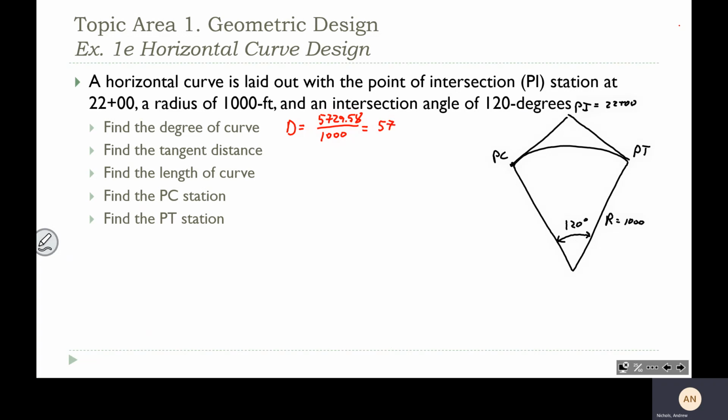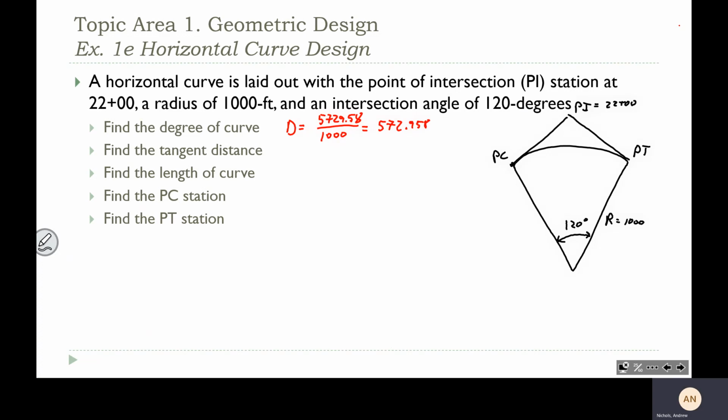It's going to give us 572.958, which is not in feet. Yeah, I can't do math.